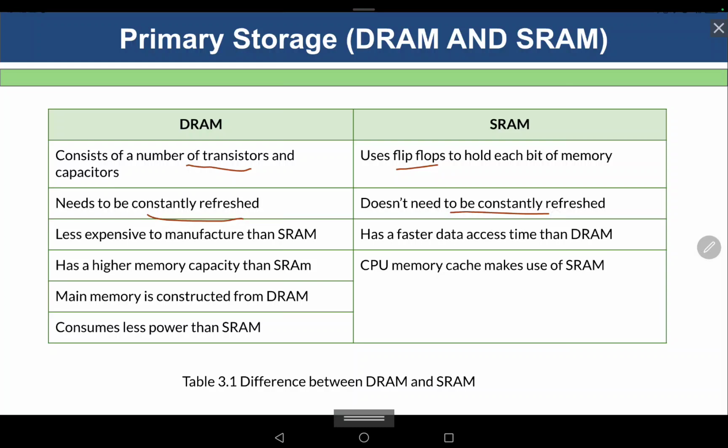Dynamic RAM is less expensive than static RAM. It also has higher memory capacity, but static RAM has a faster data access time than dynamic RAM. Also, the CPU memory cache makes use of static RAM. Now for dynamic RAM, the main memory is constituted from dynamic RAM and it consumes less power.